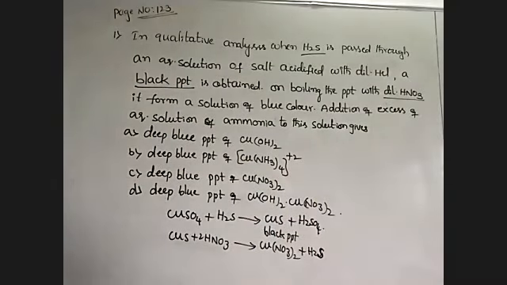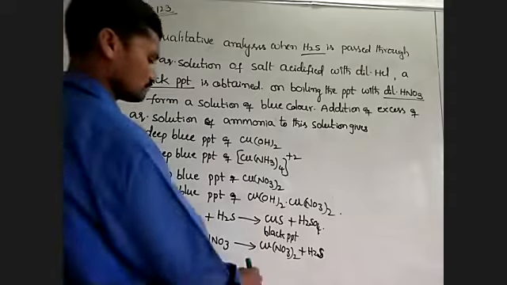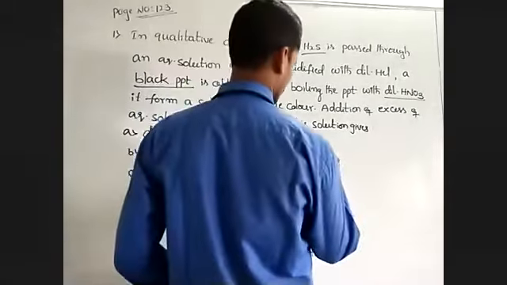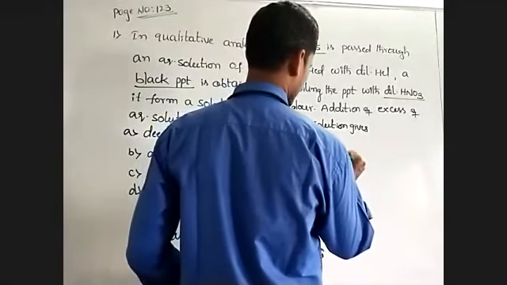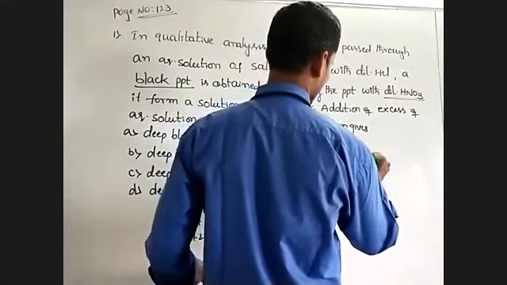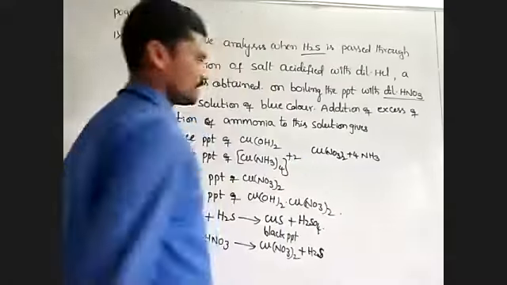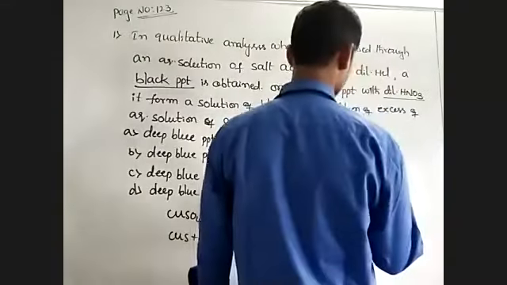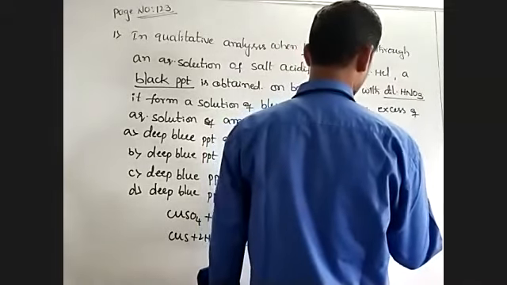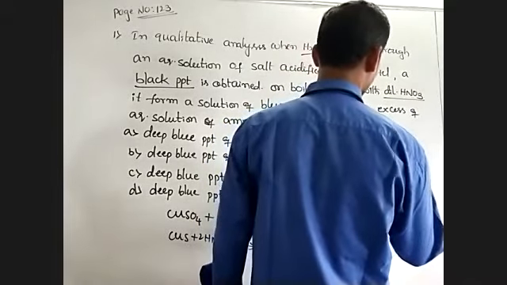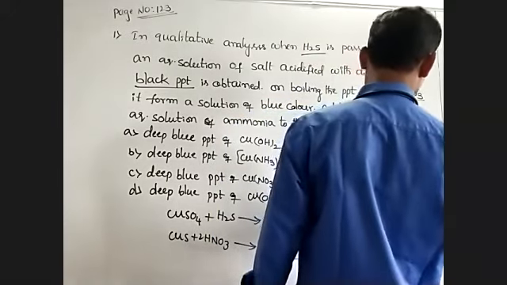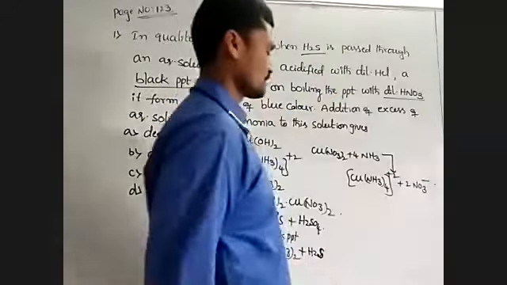That is copper nitrate, the blue solution. When this copper nitrate solution combines with ammonia, it forms tetraamine copper 2 ion plus 2 moles of nitrate ion.